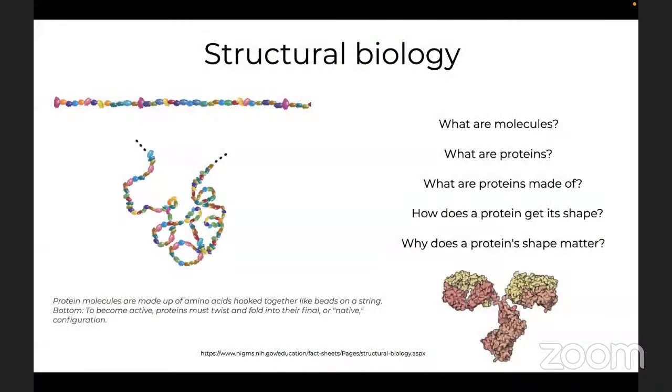So structural biology is the study of how biological molecules are built. We are looking at structures, so it's in 3 dimensions.